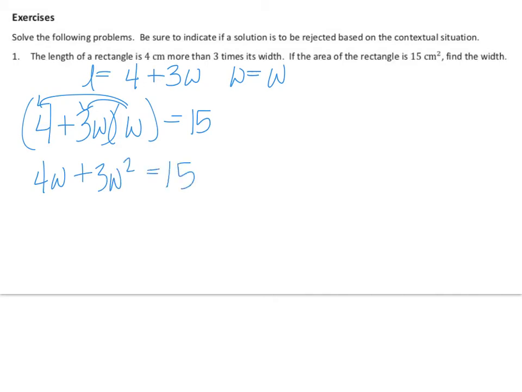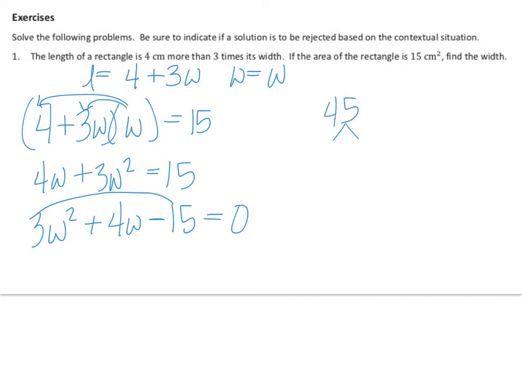Well, this is just a quadratic equation. I know how to solve quadratic equations because I've been doing it. Go ahead and put it in the right order. I made a mistake. You didn't catch it, I did. Okay, I can't reduce it, so I need a times c, which is -45, and that has to add to 4. 5 times 9.